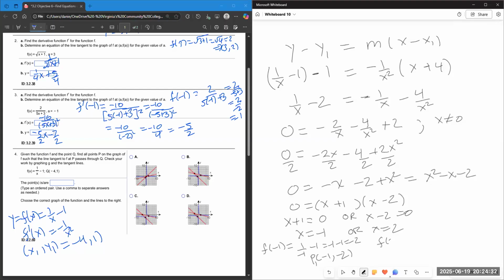And then f of 2 is equal to 1 over 2 minus 1, which is negative 1/2 or negative 0.5, giving me another point of tangency on the graph, 2, negative 0.5. So my answers here are negative 1, negative 2, comma 2, negative 0.5.